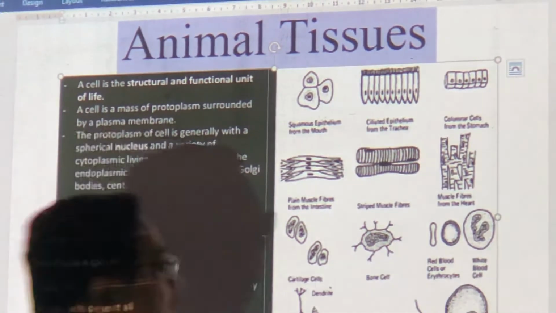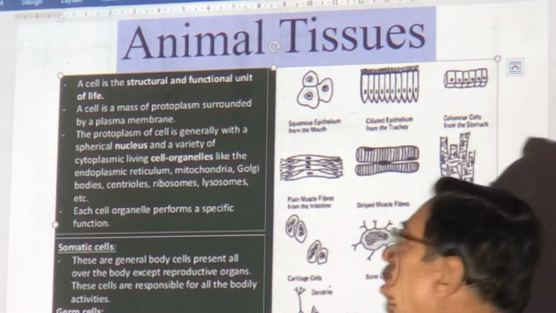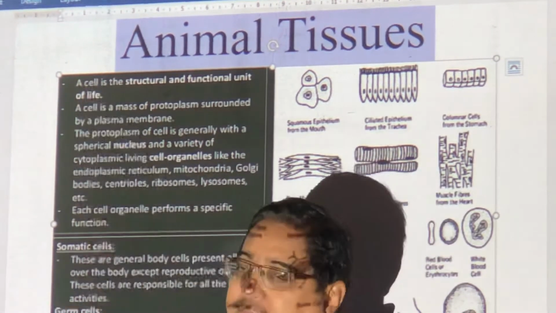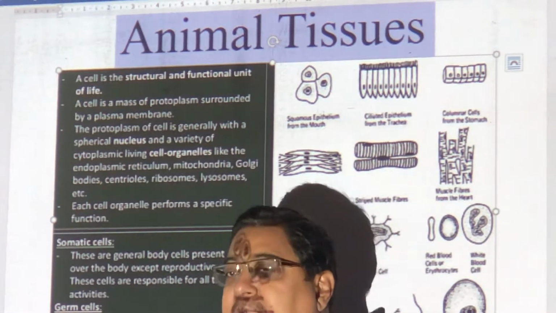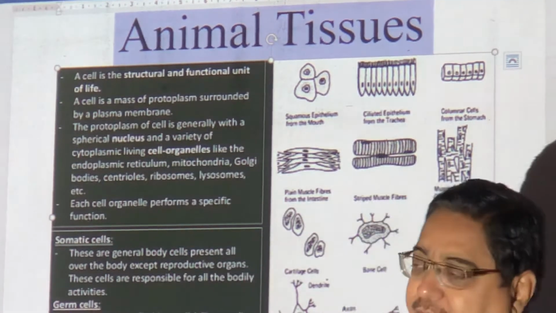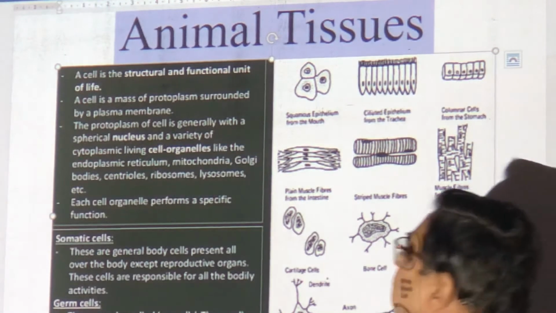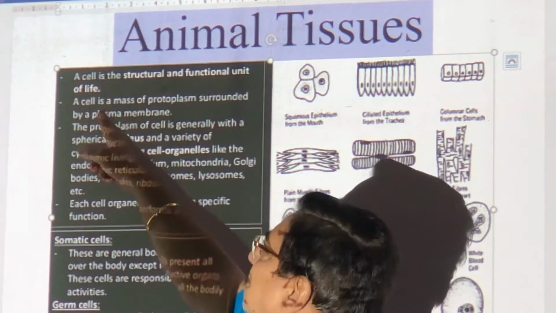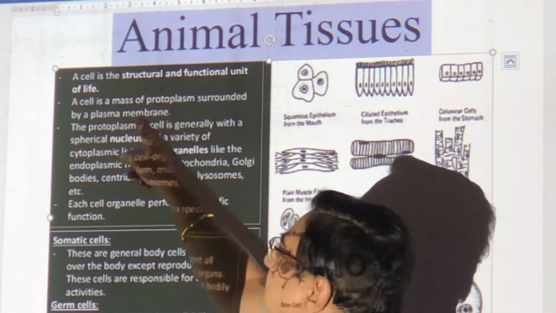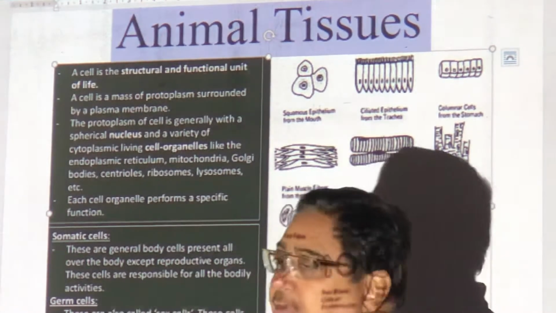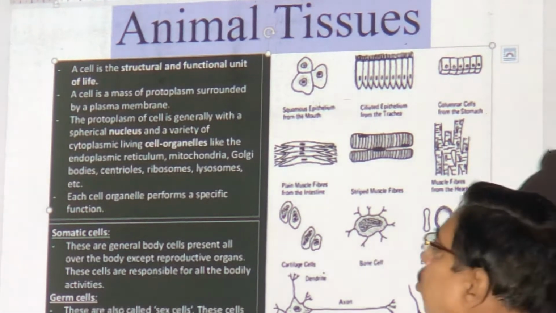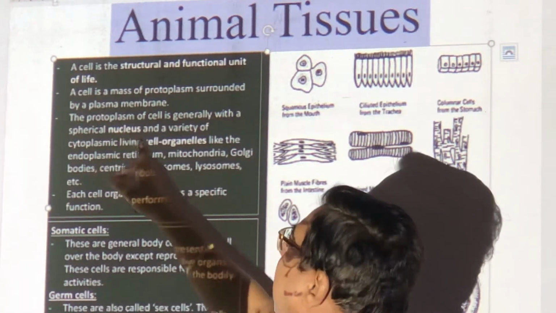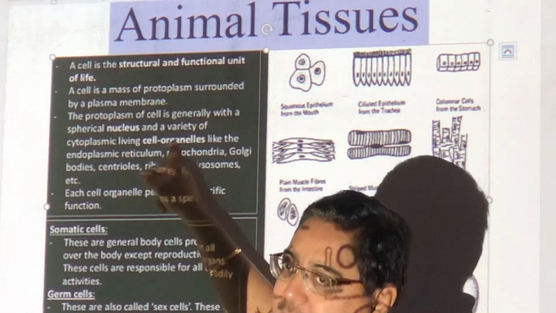First, just from your lower class, what is a cell? Cell is structural and functional. Your body cannot be made without cells. Your body cannot function without cells. Actually, a cell has protoplasm and is surrounded by a plasma membrane. These are the minimum things required in any cell. Then, protoplasm has a nucleus and it has organelles.